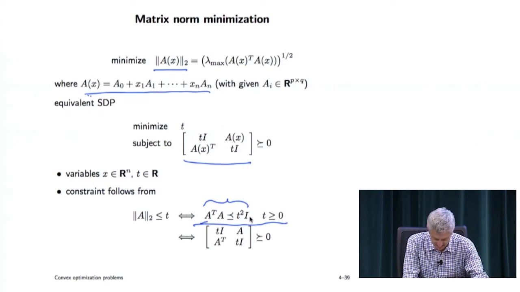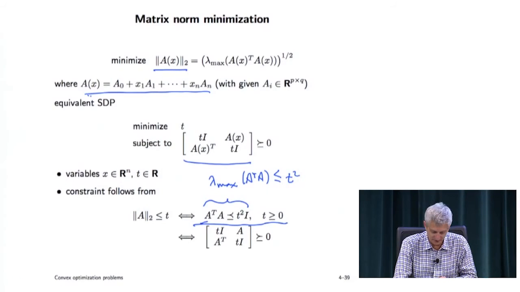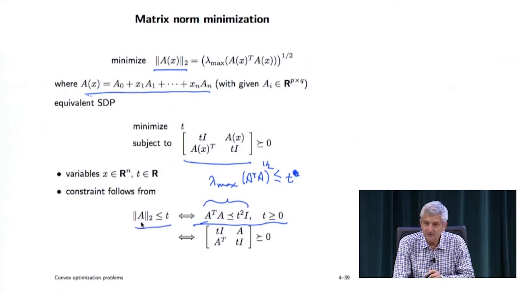That says this is exactly the same as saying that lambda max of A transpose A is less than or equal to t squared. That's what this says. Well, that was what we did on the previous page. Also, it's clear. Okay? So therefore, if I take the square root, I get this, and the power goes away. And that's exactly this right there.